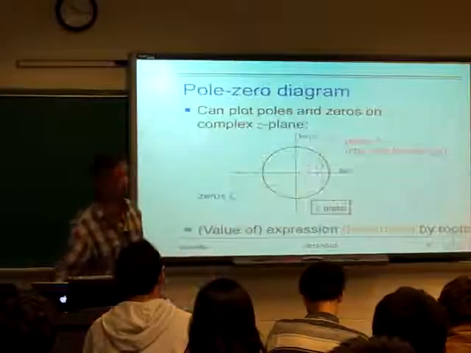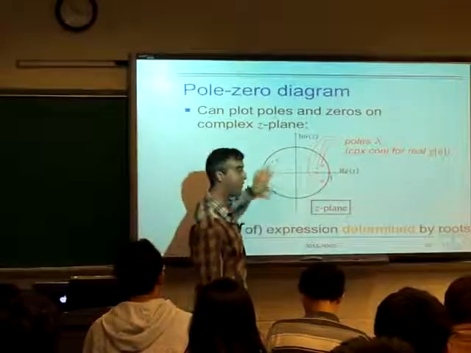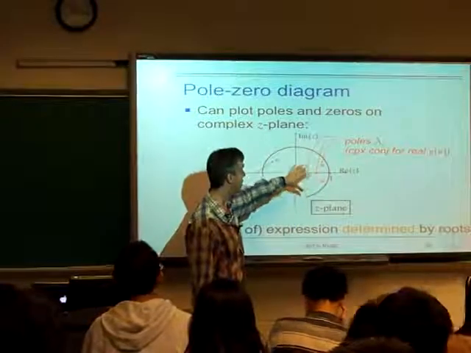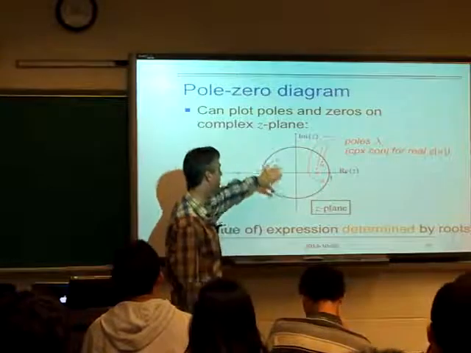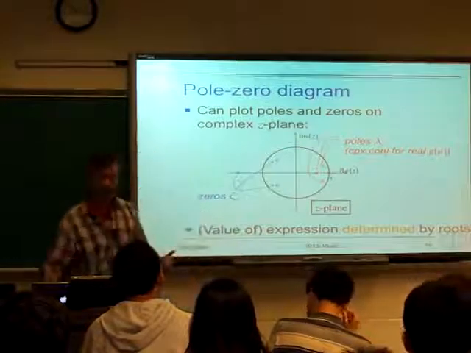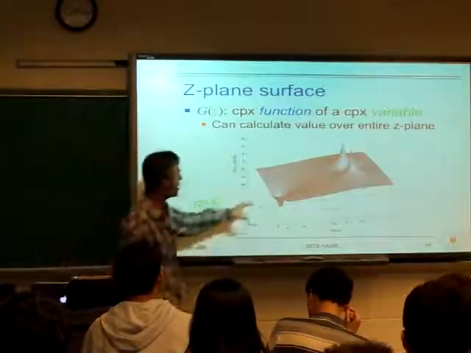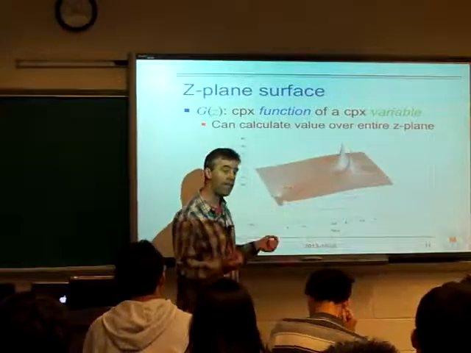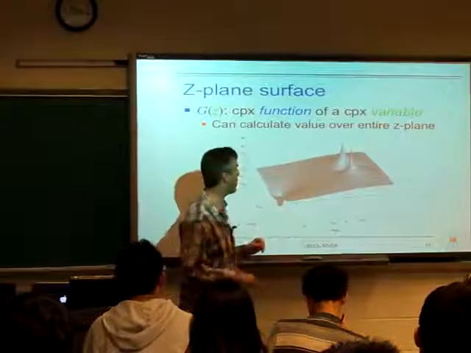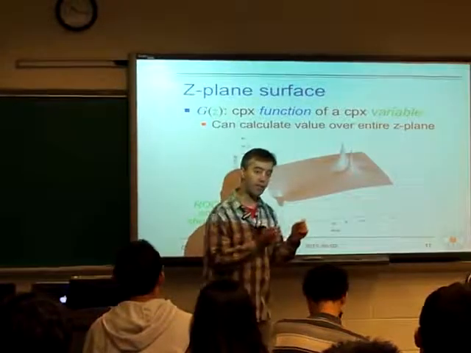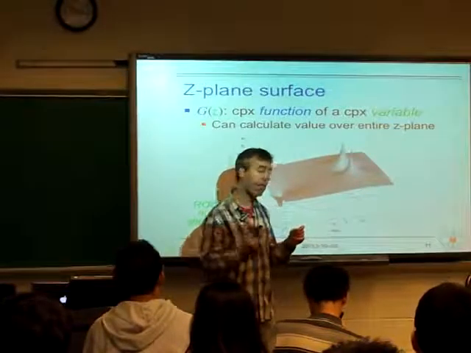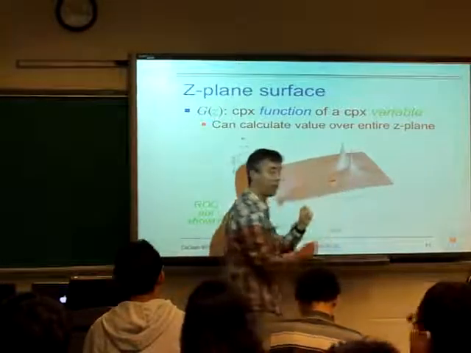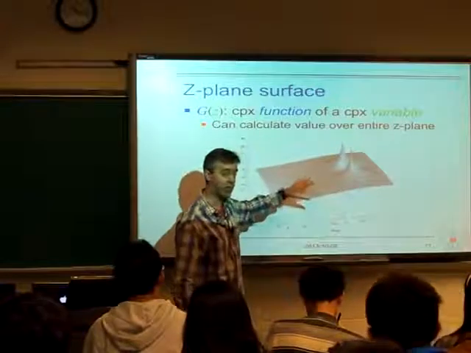And if we have these roots on values of z for which either the numerator or the denominator of the closed form expression is 0, then we have this very compact way of describing the closed form expression, which gives us a way of visualizing and understanding the values of that closed form expression over the whole surface. So the roots of the polynomial, the zeros and the poles, are these key extremal points of this magnitude surface.